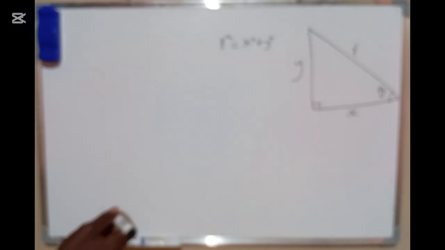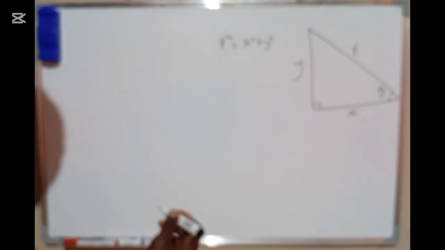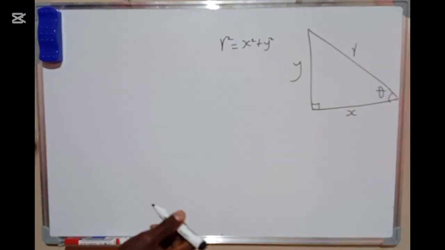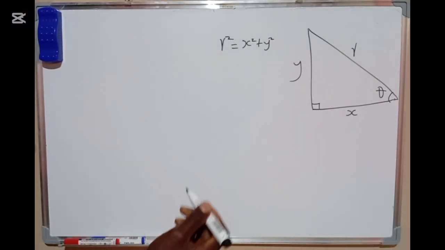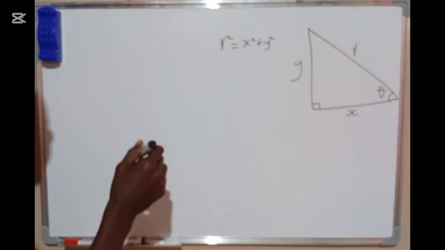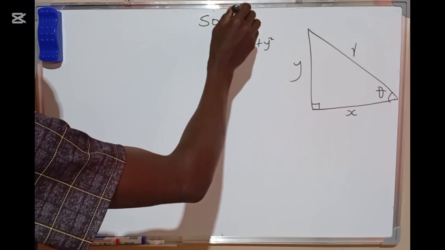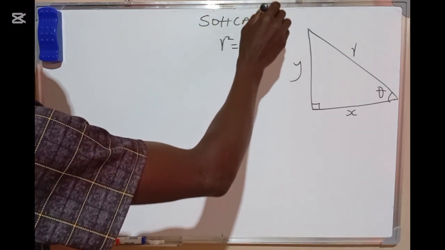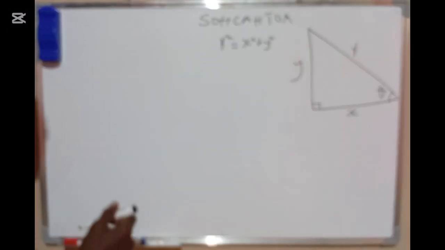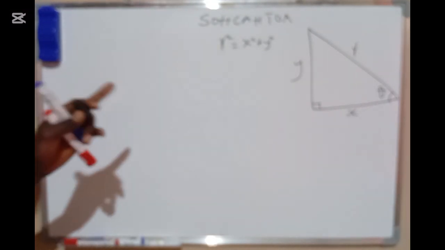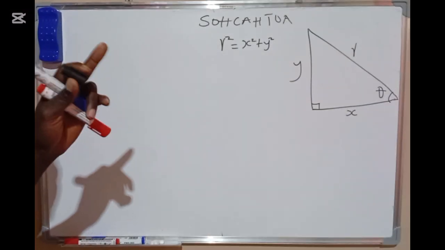And then we are going to derive the equations for sine, cosine, and tan. So from this, we are going to make use of SOHCAHTOA. Sine is opposite all over hypotenuse, cosine is adjacent all over hypotenuse, and tan is opposite all over adjacent.